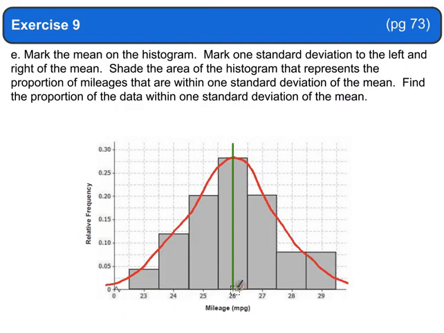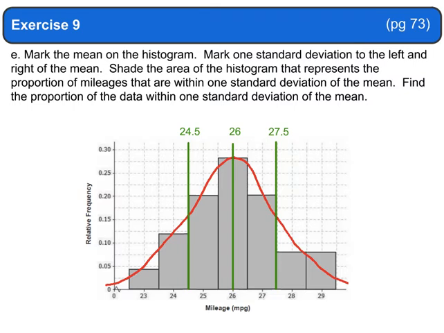If we went 1.54 above, it would be a little over 27, so it would be right here. That would be our standard deviation on this side. And if we did 26 minus 1.54, our other line would end up right there. These are the numbers that correspond with that.